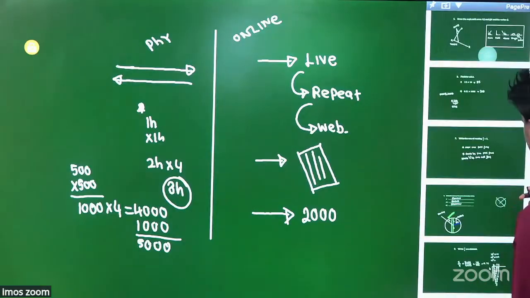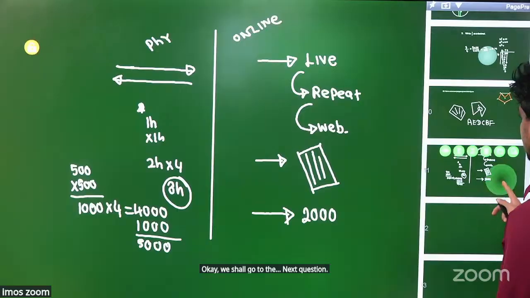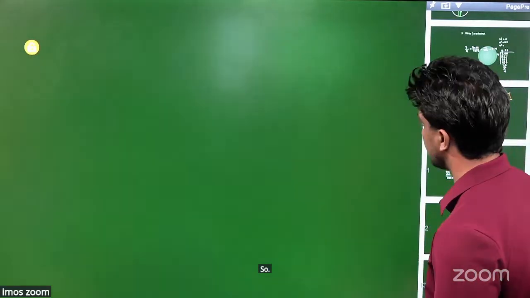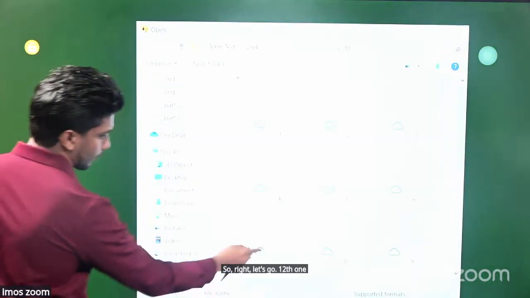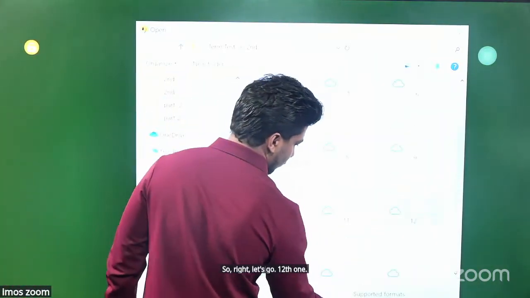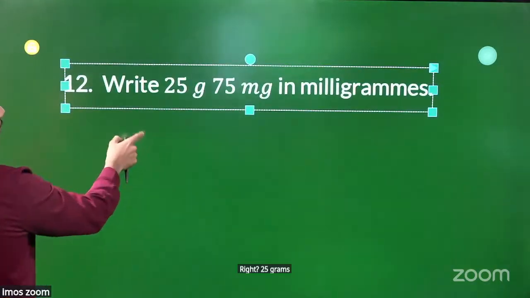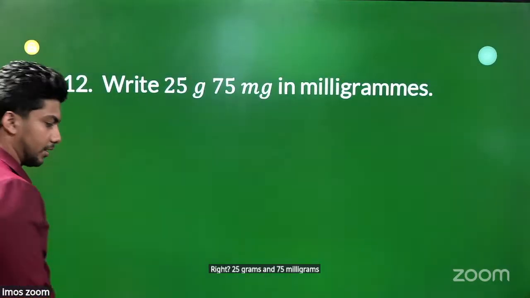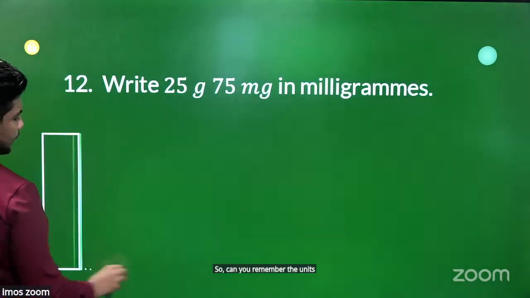Okay, we shall go to the next question. The 12th one: 25 grams and 75 milligrams, in milligrams. Can you remember the units that we use to measure weight?